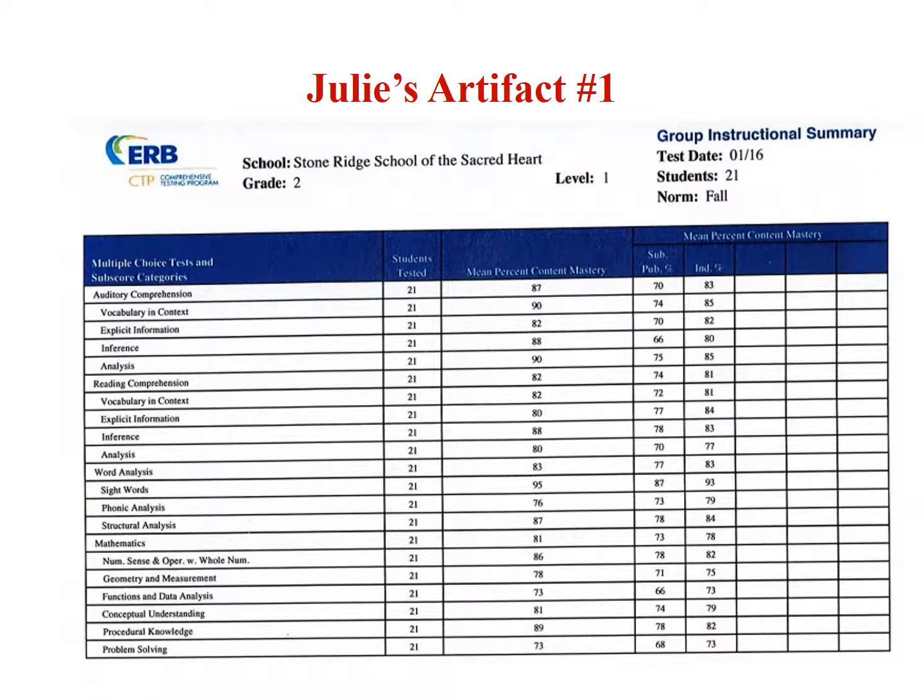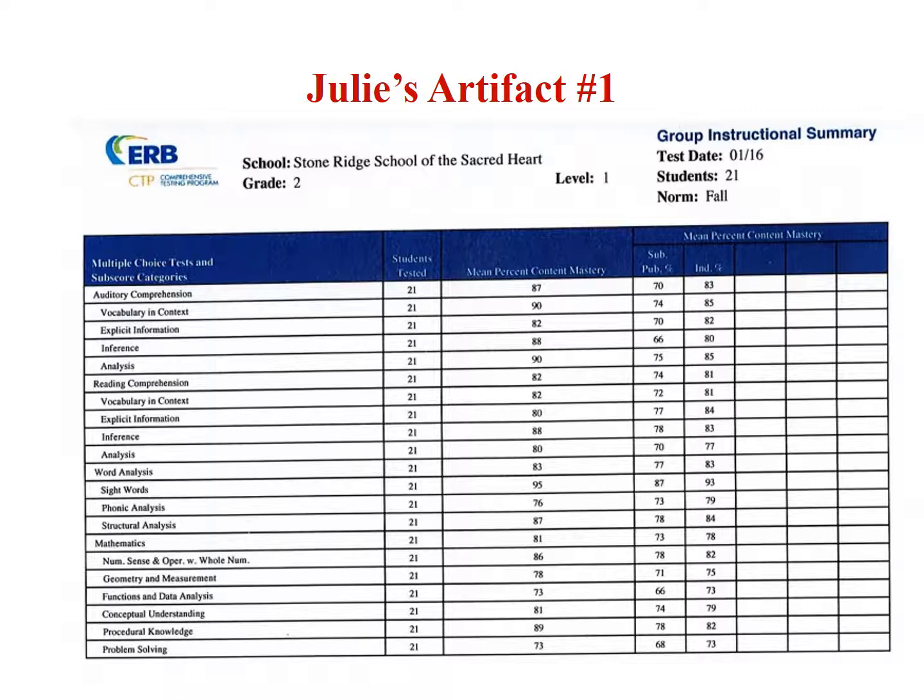At our next meeting, Julie provided additional artifacts to help us better understand the data she provided in data meeting number 1 and to help answer her exploratory questions. The first artifact was data from the CTP test. This data shows the combined scores of auditory comprehension, reading comprehension, and word analysis of her second grade students.